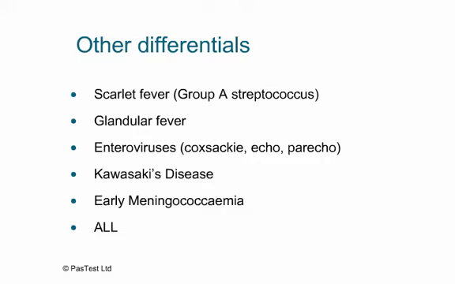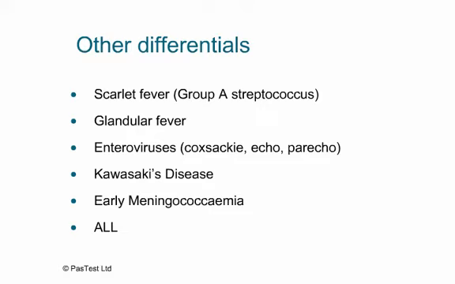There are a number of other diseases and infections that must be considered for the child with the rash and the high fever. Perhaps the most important one is scarlet fever, or group A streptococcus, or alpha hemolytic strep. Classically, this presents with a tonsillitis, and it's important to consider the sequelae, which can include glomerulonephritis, and very rarely these days rheumatic fever.